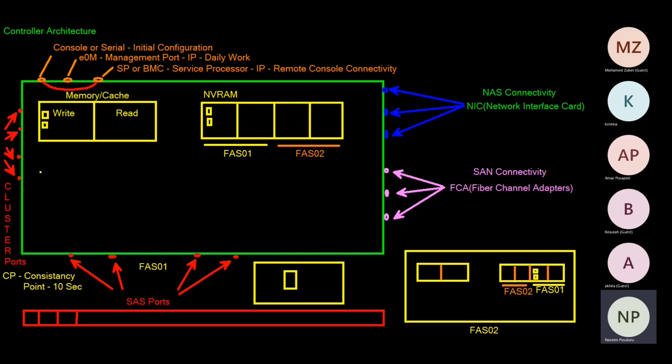Once triggered, my memory or cache will work with this part of the NVRAM, and whatever data entered the controller in the past 10 seconds will be committed to the disks.